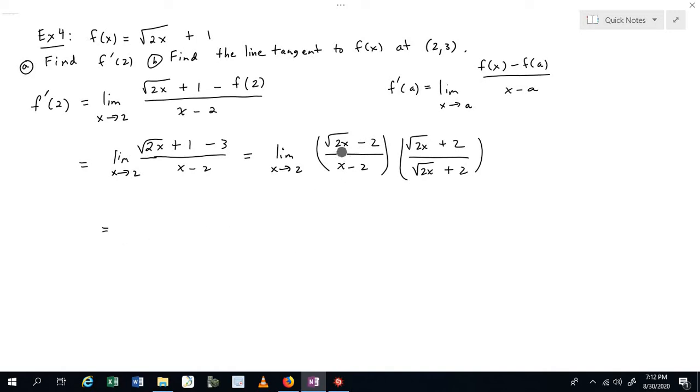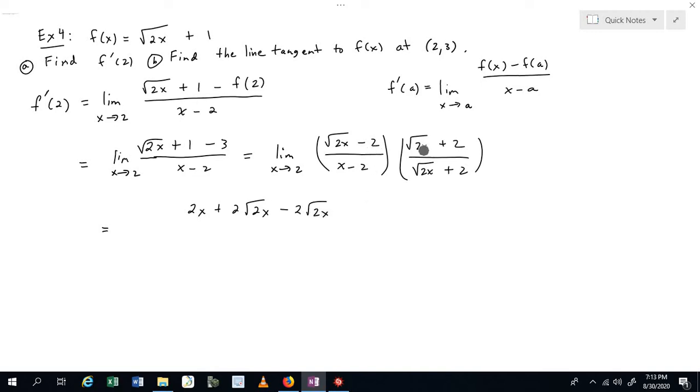Let's just FOIL this out. When I multiply these two together, square root of 2x times the square root of 2x just gives you 2x. And then here you get 2 times the square root of 2x. Then notice here, the inner term, you get minus 2 times the square root of 2x.